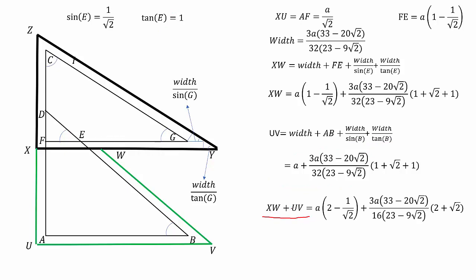Let's find XW plus UV. XW plus UV will be the sum of the parallel lines of the trapezium. By adding these two values, XW and UV, we get this result.